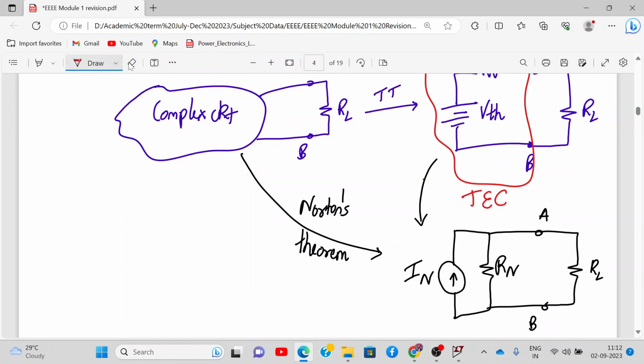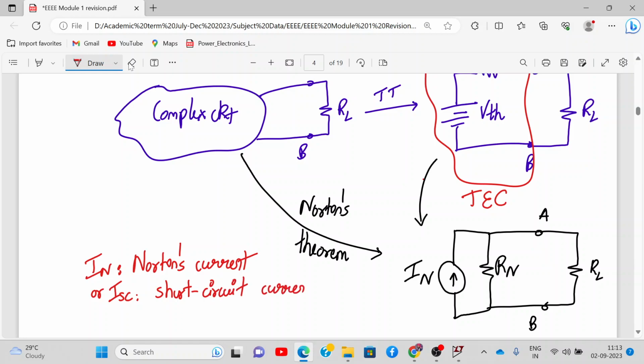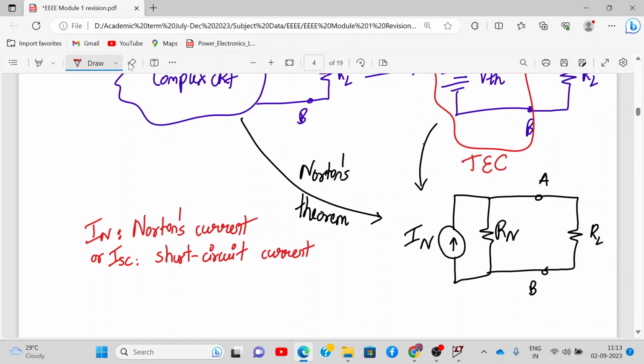Norton's theorem says any complex network can be converted into a single current source in parallel with a resistance. IN is called Norton's current, or it is also called ISC, short circuit current. And RN is called Norton's resistance.